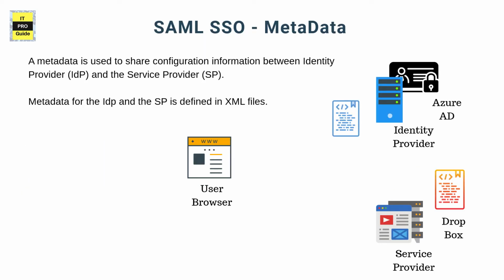So we have the IDP, that is Azure, and the SP, that is Dropbox. Both these parties have to provide an XML file, which is known as metadata. So the metadata from the identity provider is uploaded to the service provider and vice versa. This file is provided to understand the configuration information and to create a baseline trust.